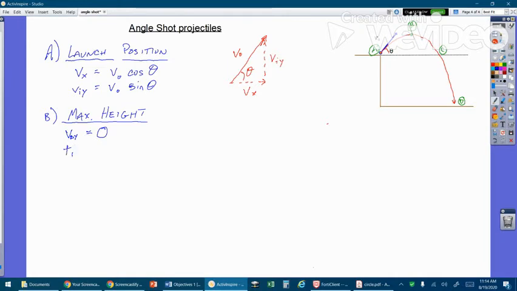The time that it takes to get to B is 1/2 the time that it takes to get to C. So you'll notice here that the distance that we rise from A to B is equal to the distance that we fall from B to C. And since they both are going to have the same acceleration of 9.8, which I haven't really mentioned yet, we know that the time for A to B would be equal to the time for B to C. Therefore, the time that it takes to go from A all the way to C would be exactly double the time that it takes to get to B.